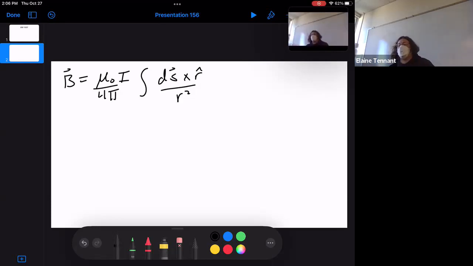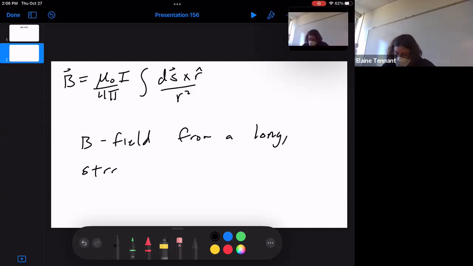And then what we were going to do with this first is find the magnetic field from a long, straight, current carrying wire.